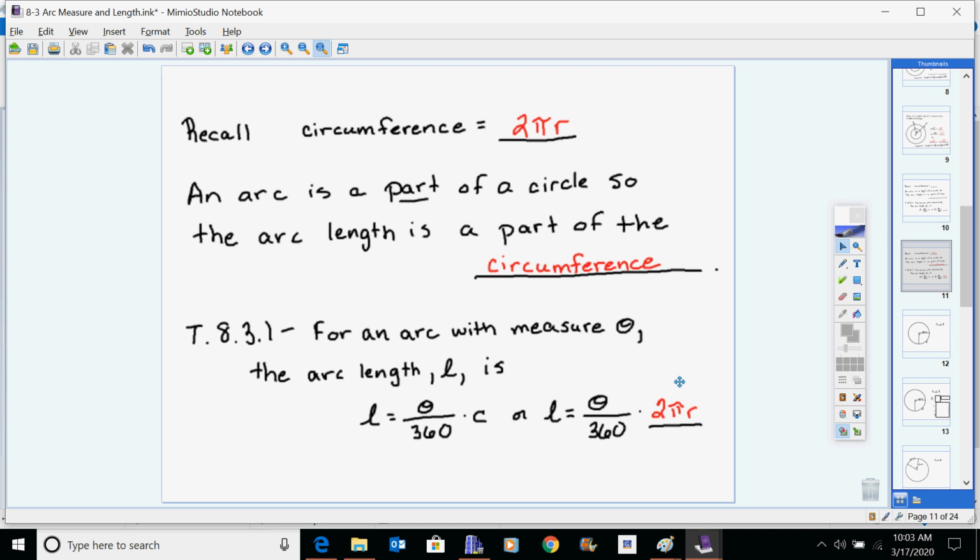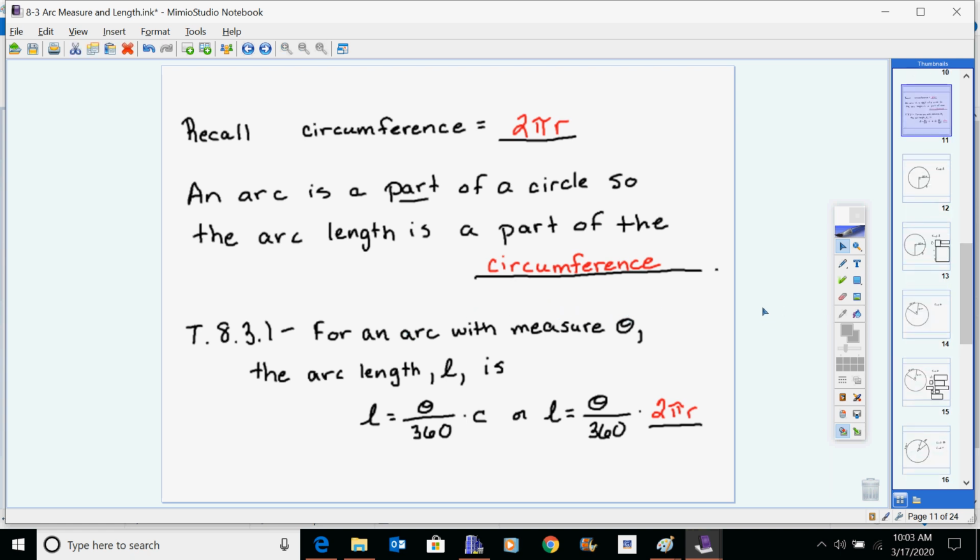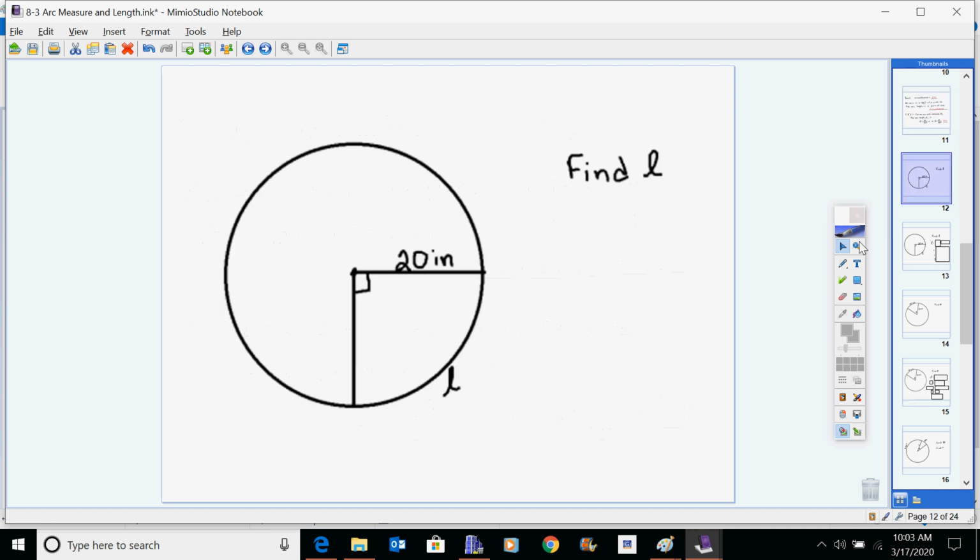And this will be your formula for arc length. Okay, arc length uses this formula. The measure of the arc is just the central angle. So make sure you're getting that idea down.